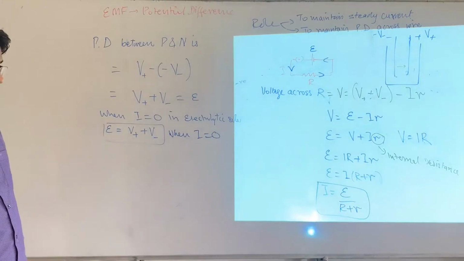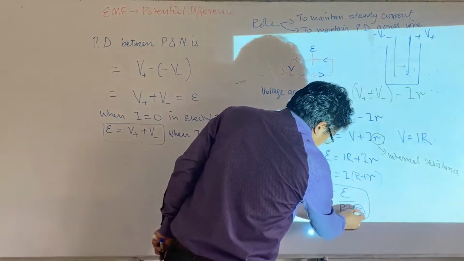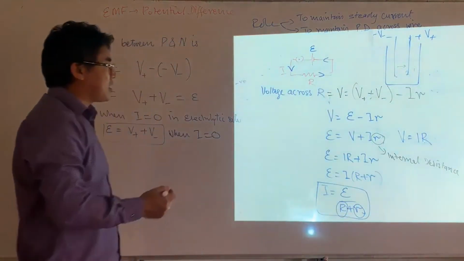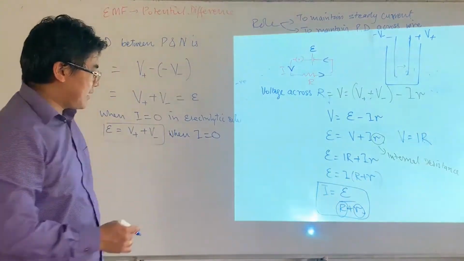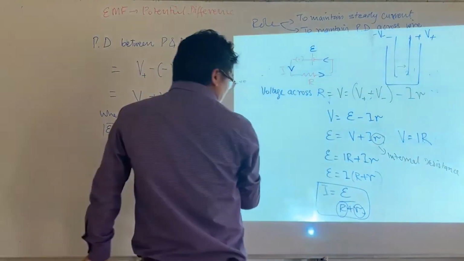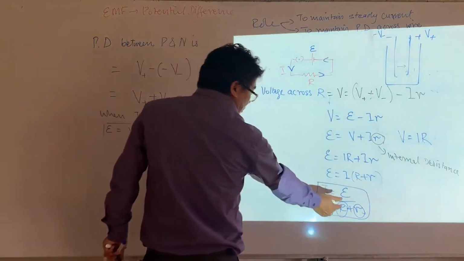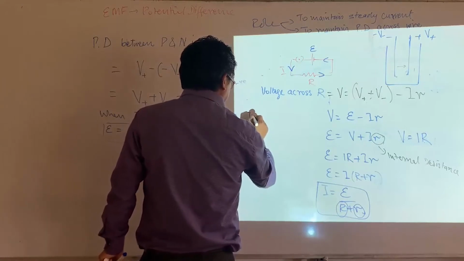This is the current. So r is the internal resistance, and R is the external resistance through which the current passes. Now look at here. I can set this to zero. If I use copper, it is almost zero. Therefore, I just say maximum current.